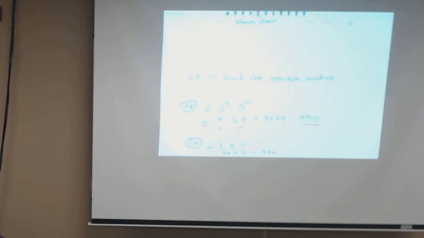I mean, if it was written out, it would be 2·3·3·5·5. In other words, if we took 450 and built a tree, we would end up with 2 times 3 times 3 times 5 times 5. You follow that? And they just want you to take this prime factorization and find the natural number that it came from.